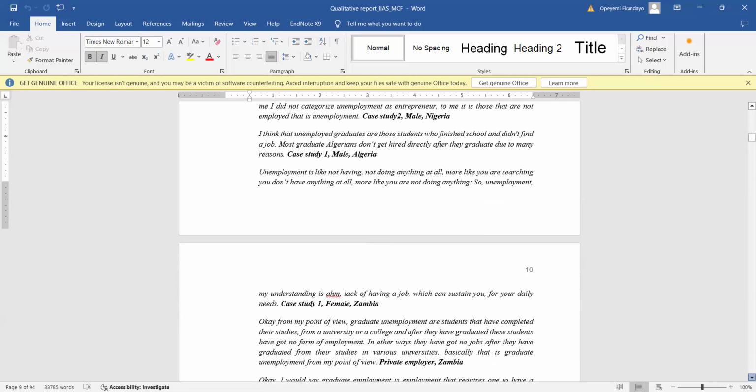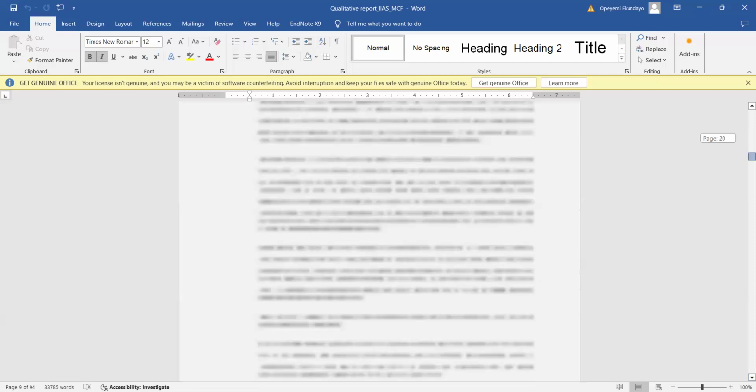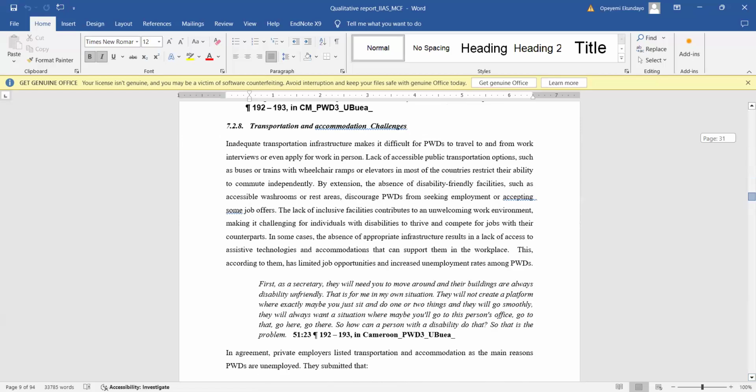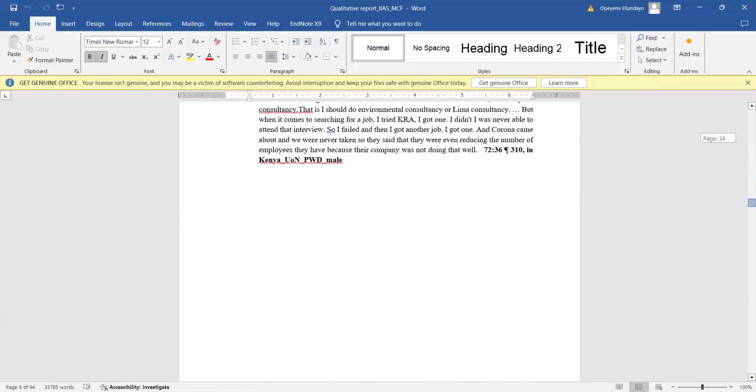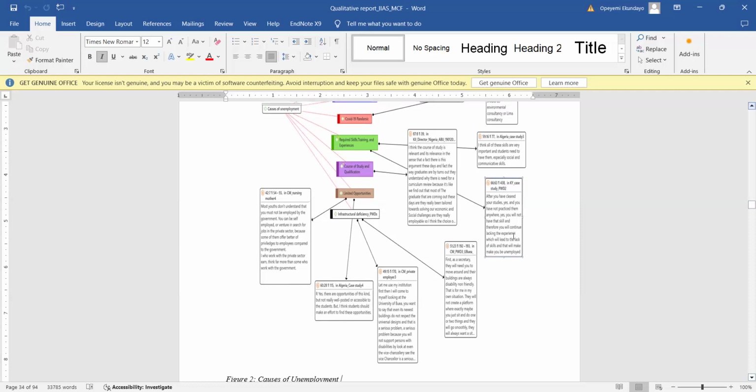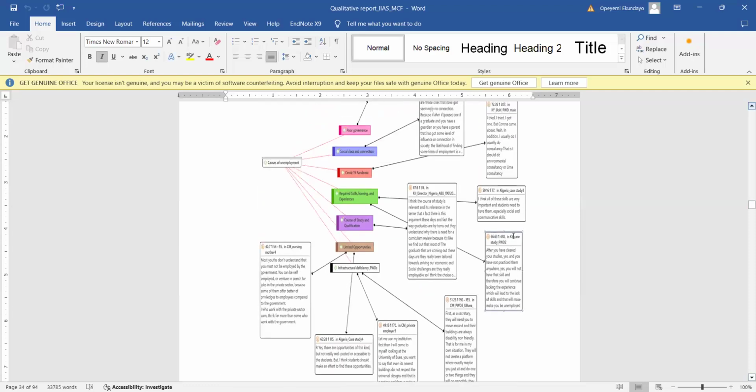But let's see if I have any visualization here. All right, so this is, sorry about that on your eyes. Let's see, what are the infrastructural needs of people with disabilities, causes of unemployment? So they say poor governance is a cause of unemployment.